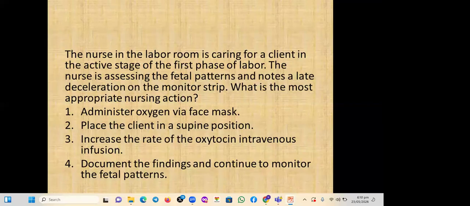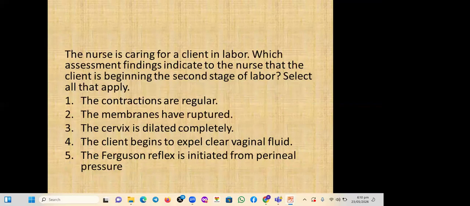Yes, we know that contractions will occur and will be regular, but that doesn't happen only in stage 2. In stage 1, contractions should be regular. In stage 2 and stage 3, contractions should also occur.